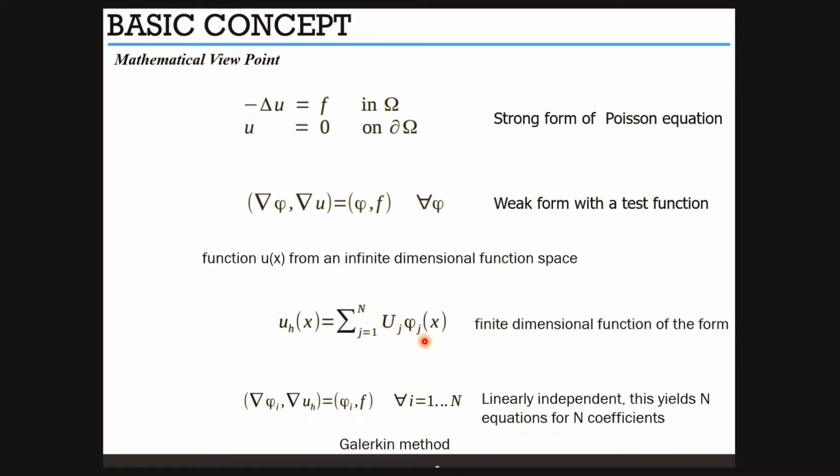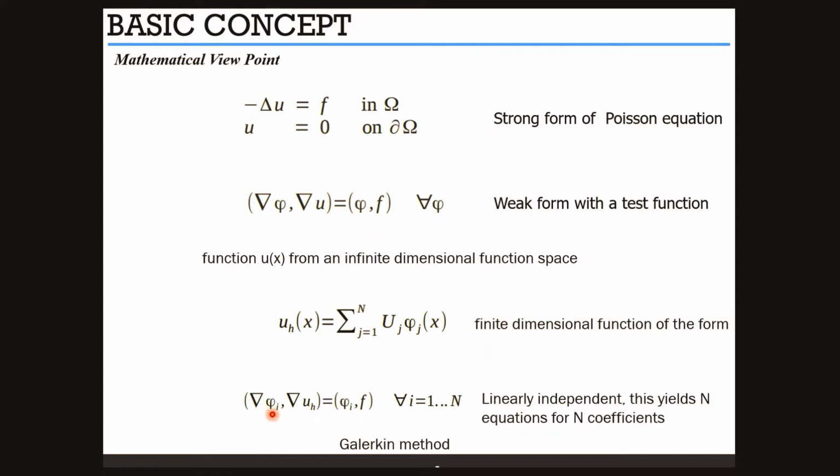This form is expressed as linearly independent functions, where there are n equations for the n coefficients. So this is basically called the Galerkin method.